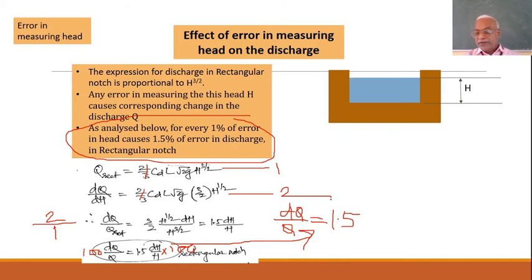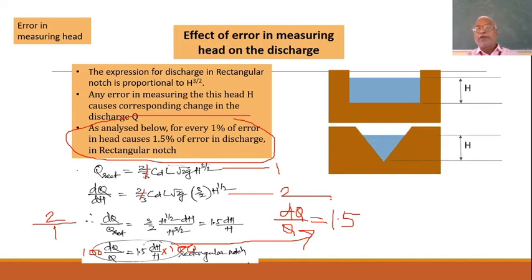Now, if we take triangular notch, you can start off with the equation q triangular is equal to 8 by 15 cd root 2g h raised to 5 by 2. Exactly the same analysis you do.